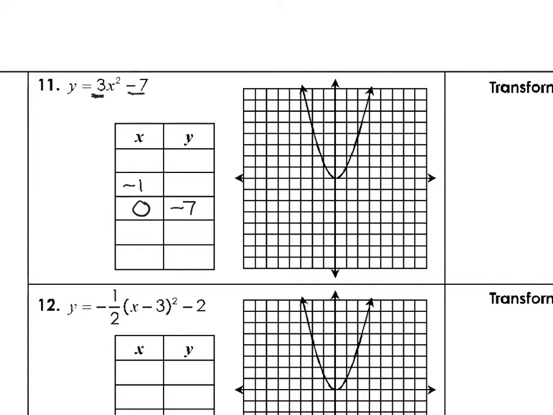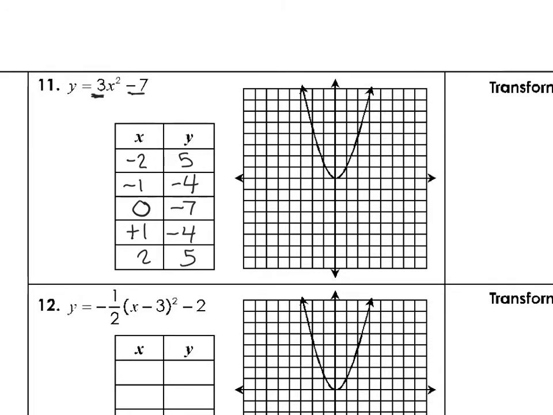If I plug these in, this would be +1, 2. So 3 times -2 squared is 12, minus 7 is 5, and then 3 times 1 is 3, minus 7 is -4, so that means this is -4 and this is 5.